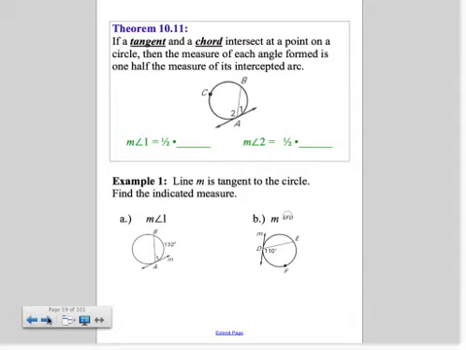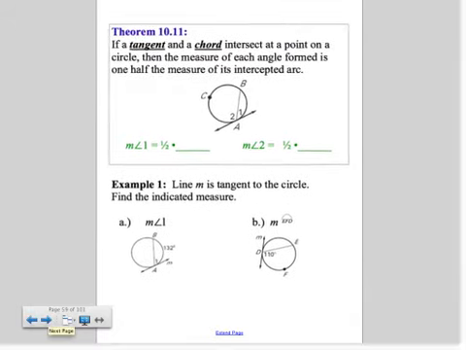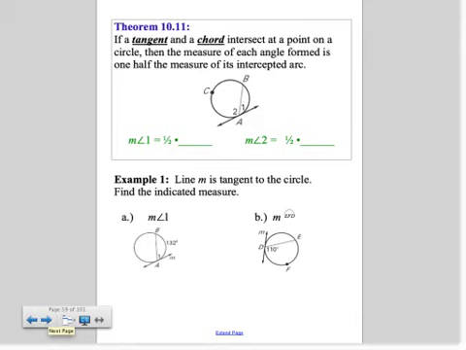So here's the long and the short of it. If I look at angle 1 here, the arc that's intercepted is arc BA, and so the measure of angle 1 would be 1/2 of the measure of arc AB.